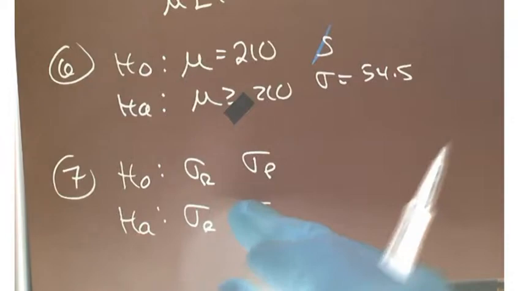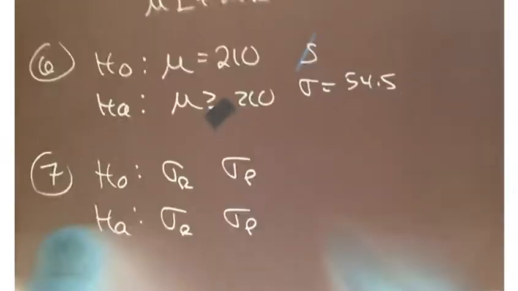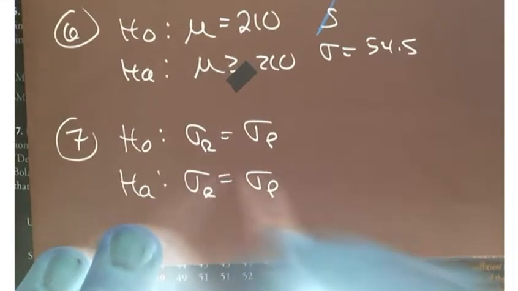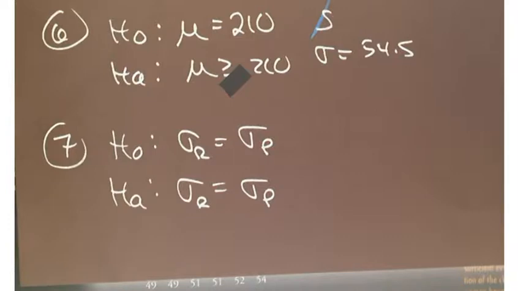We're testing whether or not BMIs have the same level of standard deviation. So that'd be recent winners and past winners have the same level of variation in the BMI. That's going to result in an F test, the F distribution section 9.4 stuff that we just finished working on.